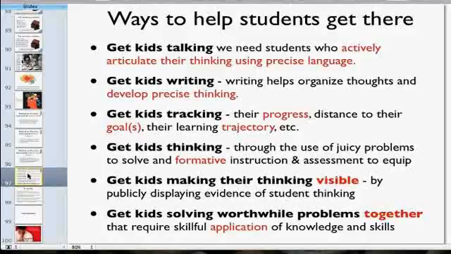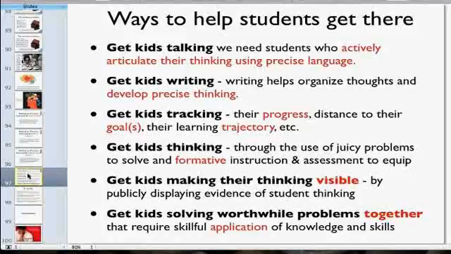Get kids tracking. So get kids counting things and figuring out their progress and graphing how they're doing, and finding the results of that challenging task they stuck to. That can be incredibly motivating for kids. Get kids thinking, using really good problems and formative instruction.